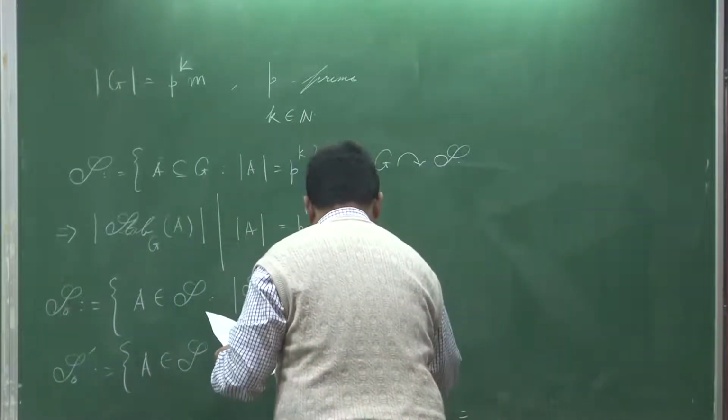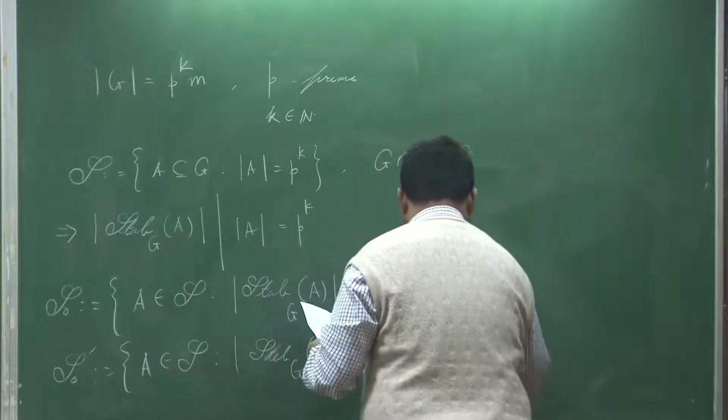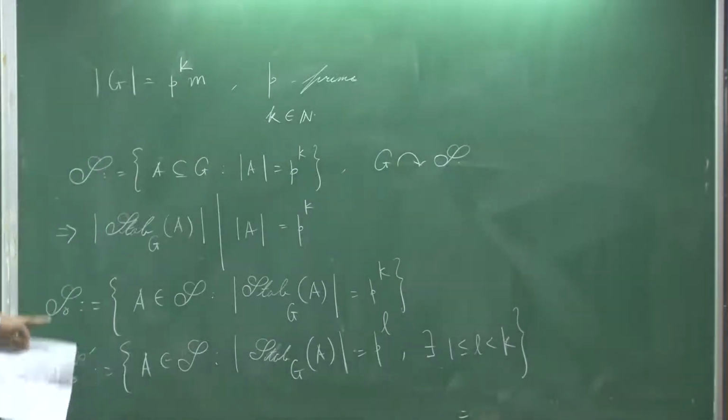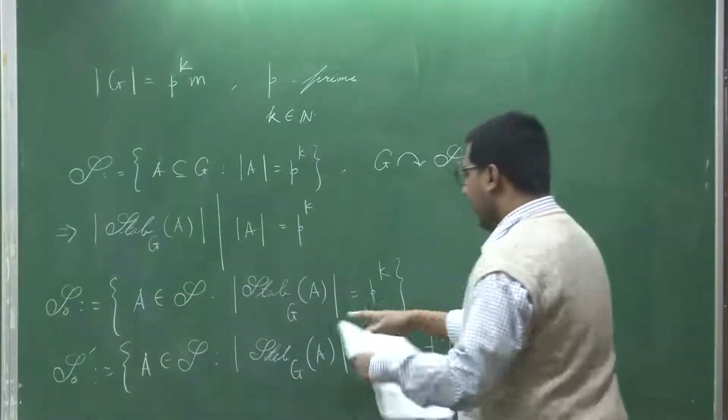So, that is of the form p to the power l for some l less than k. Okay. So, clearly S is nothing but the disjoint union of S naught and S naught prime.